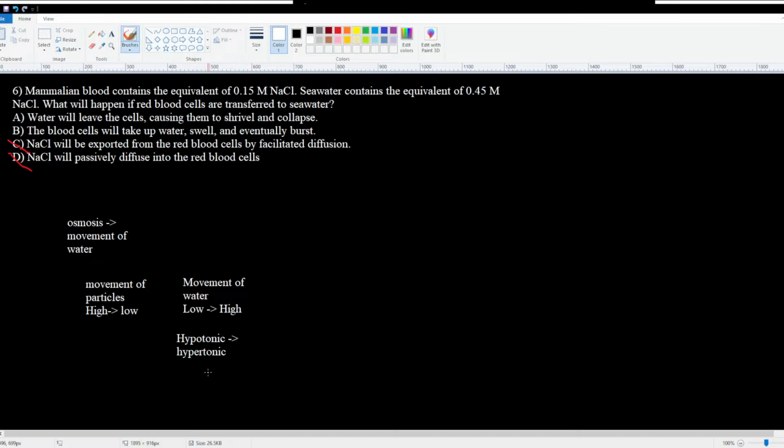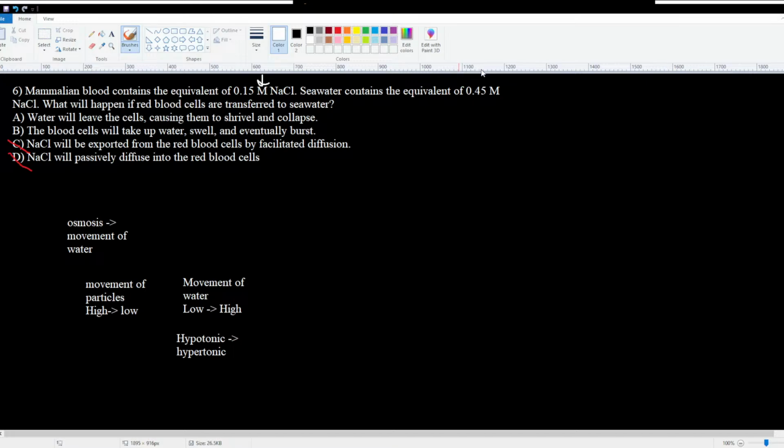And I also want to emphasize, hypo and hypertonic need to exist with each other. They exist with context. They exist together always. Right? So nothing can be low if it doesn't have something high to be compared to. So in this case, something with 45 molar versus something with 15 molar.